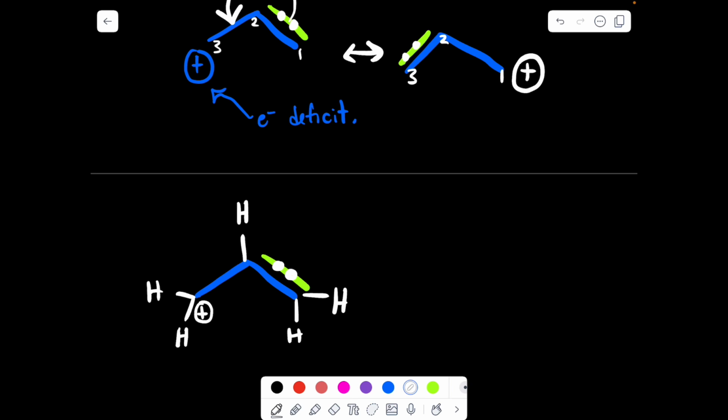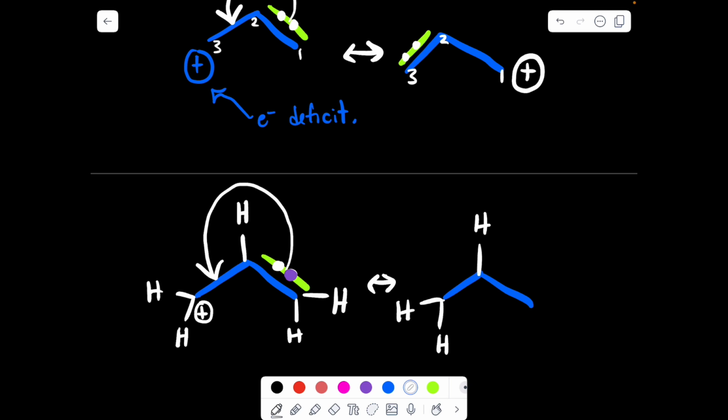So now when these 2 electrons jump 2 over and we draw our resonance hybrid, I'm going to make a purple electron and a white electron. Drawing in all of our hydrogens once again, these 2 electrons, the purple and the pink one, jump to between atoms number 2 and 3.